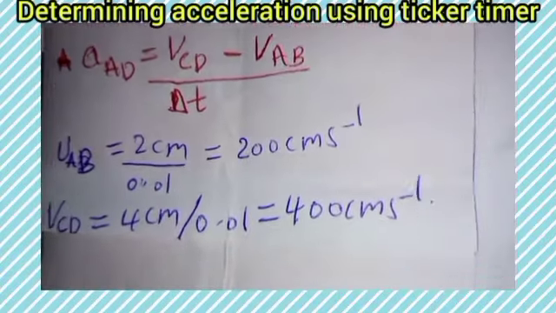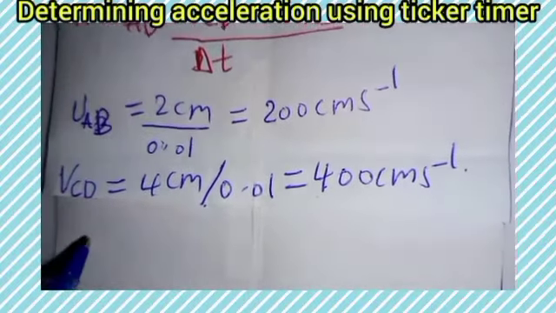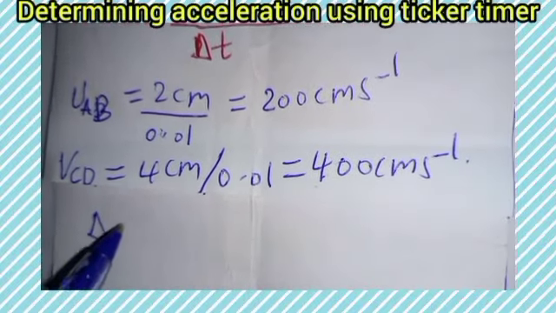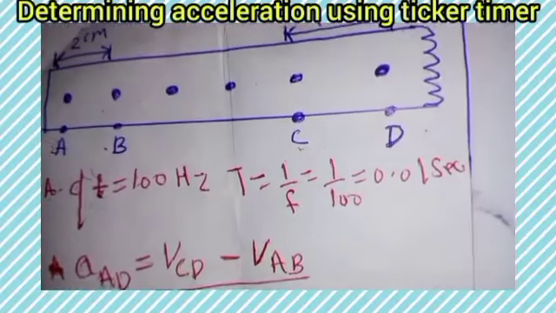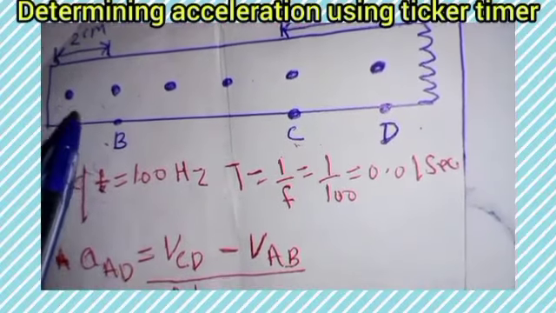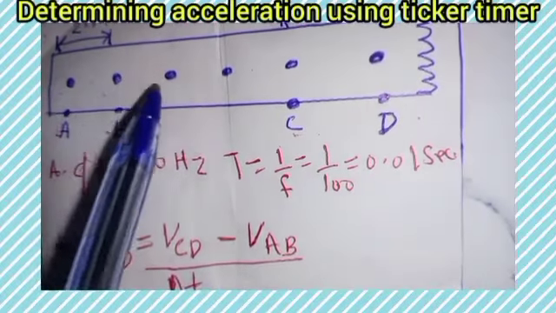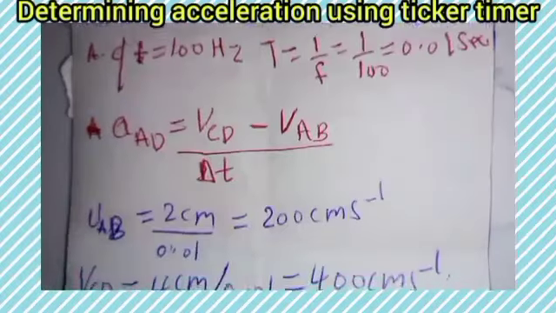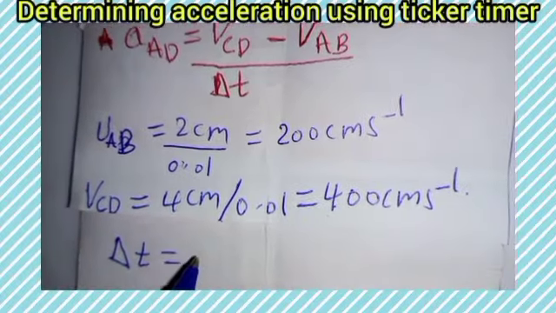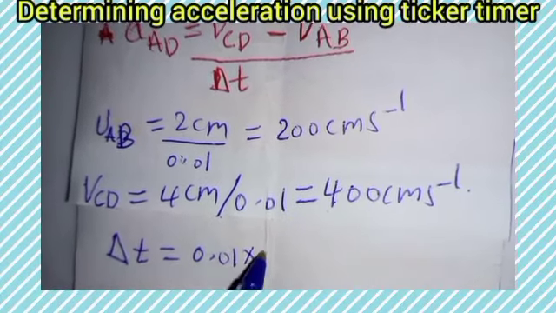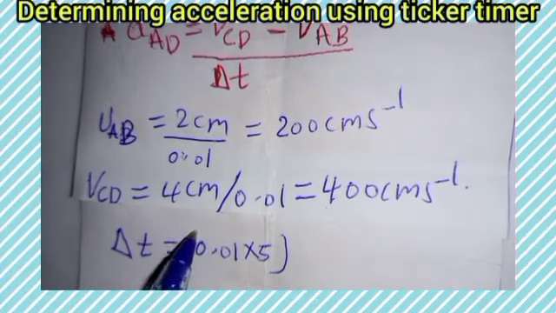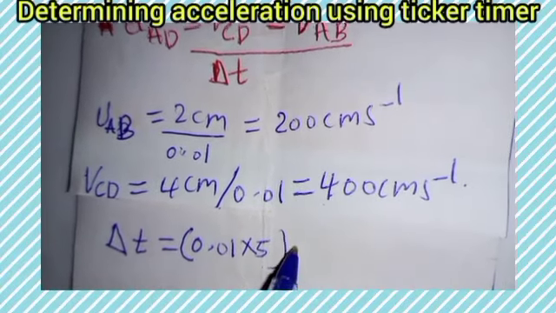Now the next thing which we want to obtain is the change in time. From this here, total time is given by 1, 2, 3, 4, 5. So total time is given by 0.01 multiplied by 5. That is the total time minus initial time.